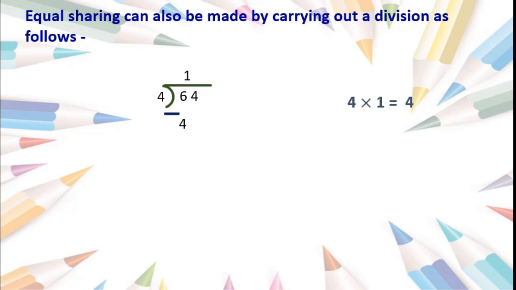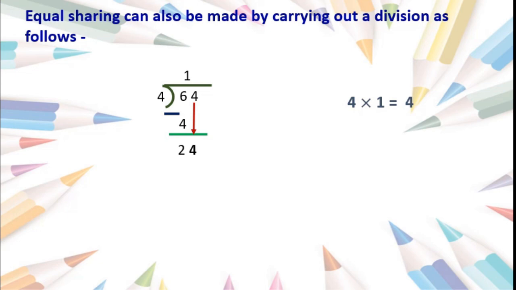We will subtract 4 from 6. What did we get? 6 minus 4, that is 2. Isn't it? Now 2 is less than 4, so we will bring 4 down. So it became 24. Now again we will recite the 4 times table. 4 ones are 4, 4 twos are 8, 4 threes are 12, 4 fours are 16, 4 fives are 20, 4 sixes are 24.